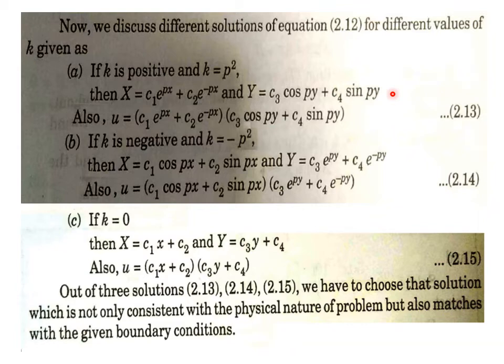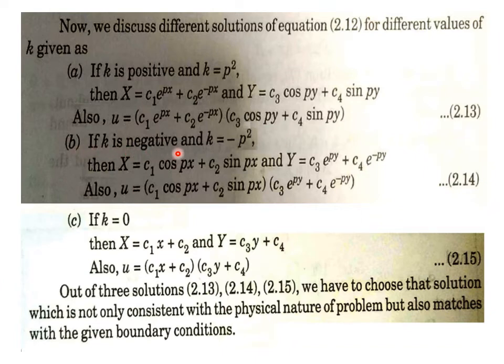So using capital X and Y, u equals X into Y, so u equals c1 e power px plus c2 e power minus px into c3 cos py plus c4 sin py.